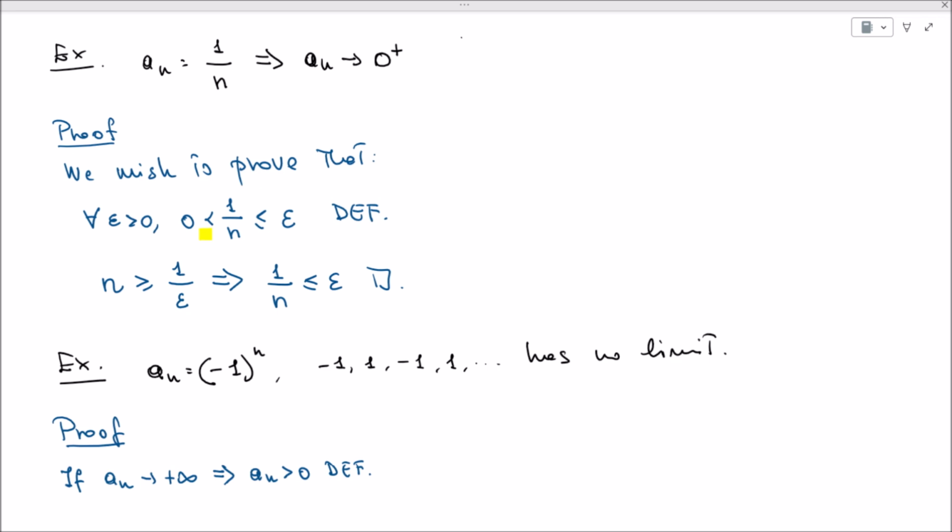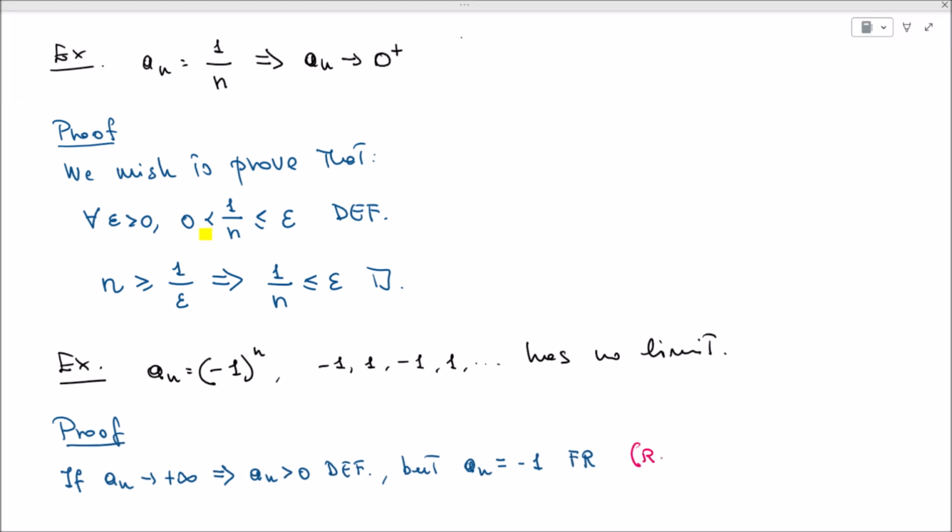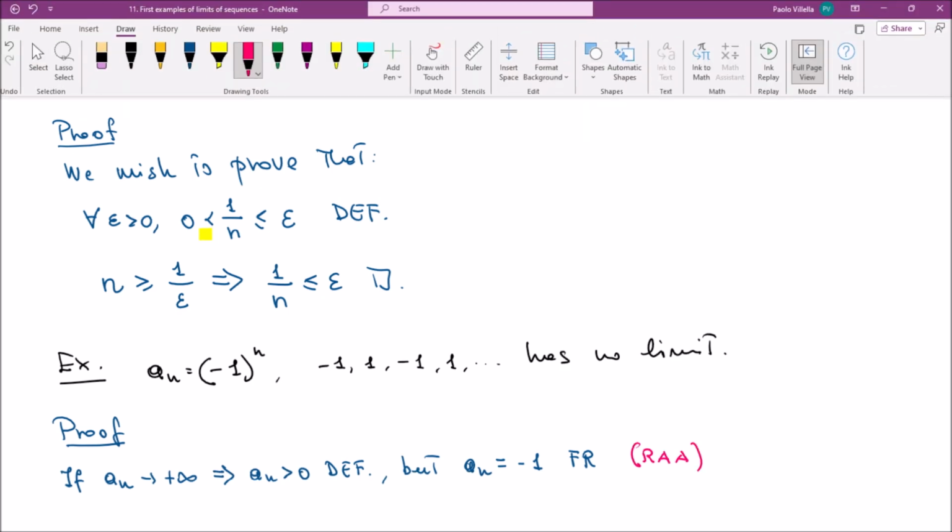But this is impossible because we know that a_n will attain -1 frequently. Infinitely many times it will take the value -1. So clearly we have an example of reductio ad absurdum. This cannot be true. It cannot be possible that a_n will diverge to plus infinity.